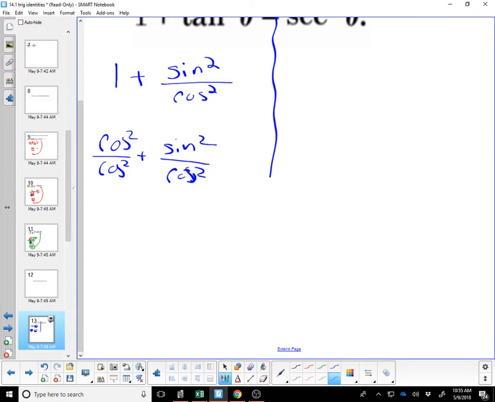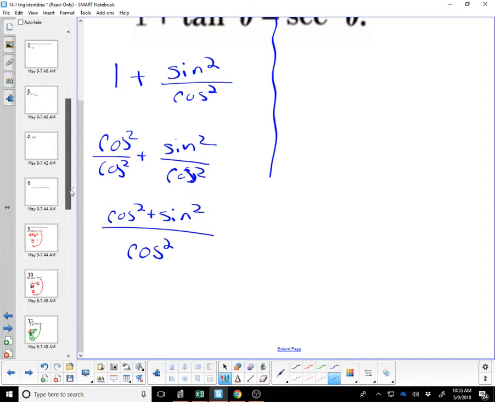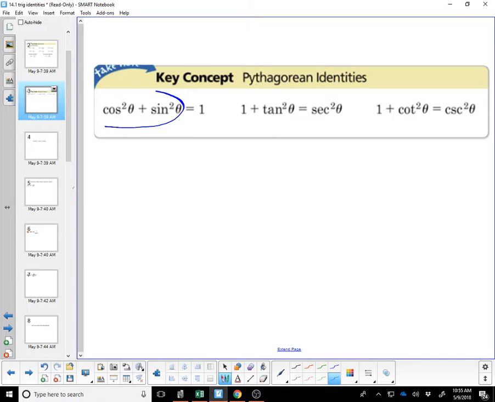All right, my denominators are the same. That means my denominator is cosine squared. So what I have up at the numerator is cosine squared plus sine squared. Oh, wait a minute. Anybody recognize that numerator? Oh, that's that Pythagorean identity. Cosine squared plus sine squared equals 1.